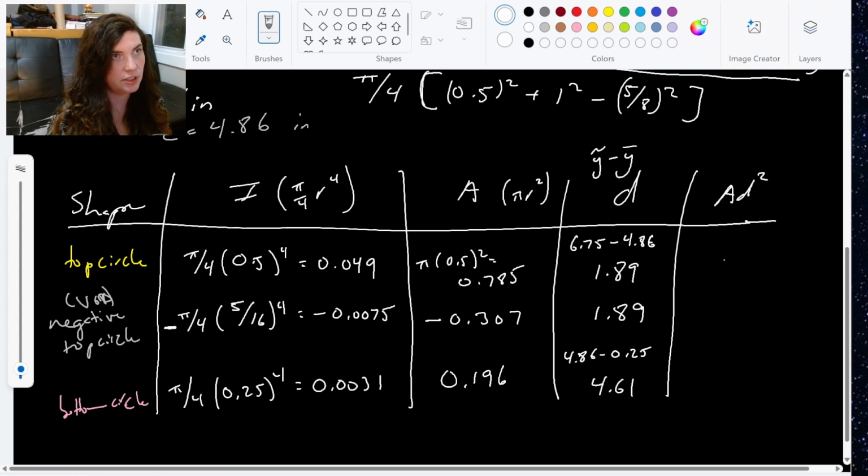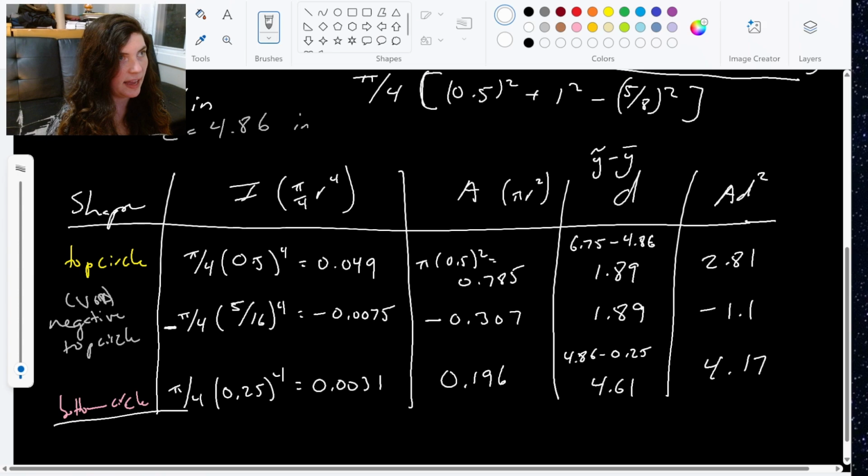The very last thing, just finish out this column here so I can do the summation of AD squared. So 1.89 squared times 0.785 gives me 2.81. Work it on down the line. 1.89 squared times negative 0.307 gives me negative 1.1. And then my 4.61 squared times 0.196 is 4.17.